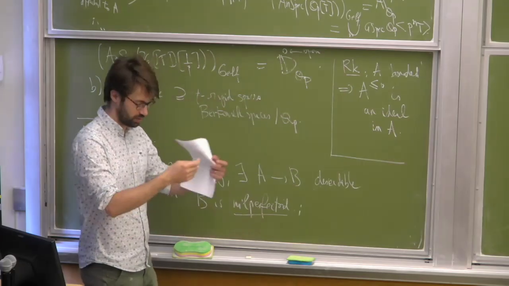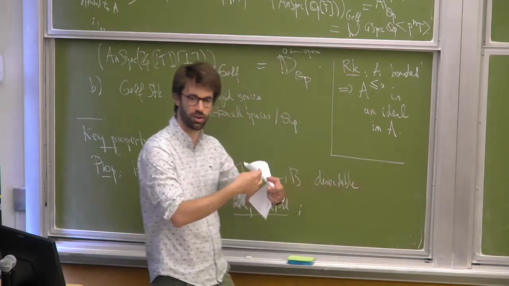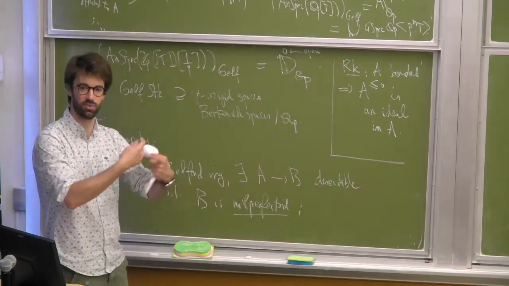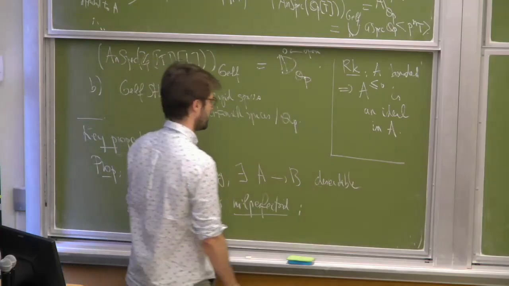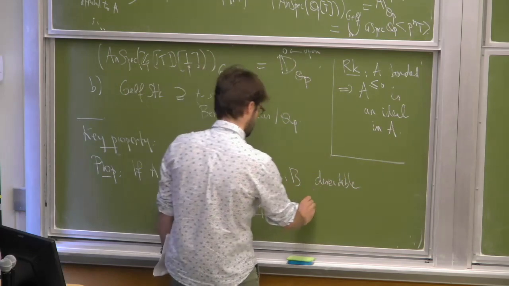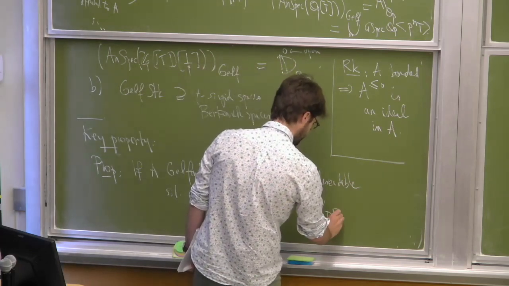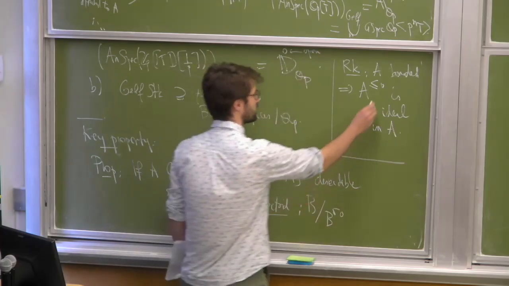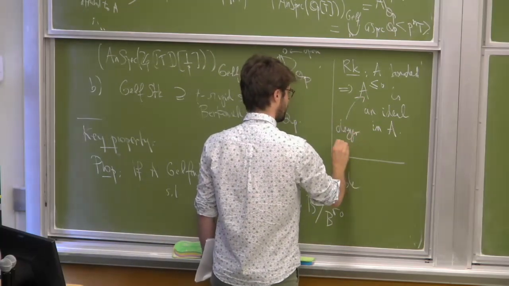Roughly speaking, if you multiply a bounded function by a function overconvergently close to 0, it remains overconvergently close to 0. So for my B, being Gelfand, it's bounded, so I can form this quotient, which is called the dagger reduction.